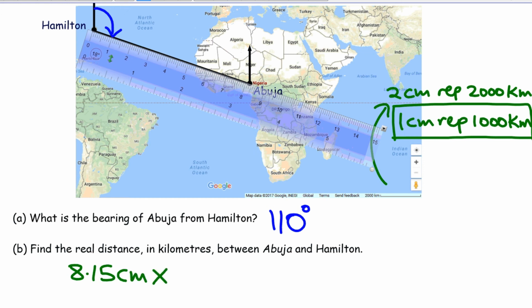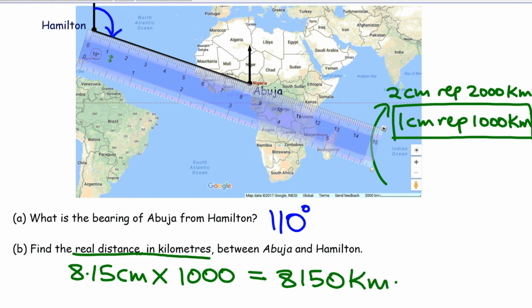But we know that 1 centimeter represents 1,000 kilometers. You're going to multiply this by 1,000 to get the real distance, because you want the real distance in kilometers. So if you multiply that out, you'll end up with 8,150 kilometers. And that will be the distance between Hamilton and Abuja, Nigeria.